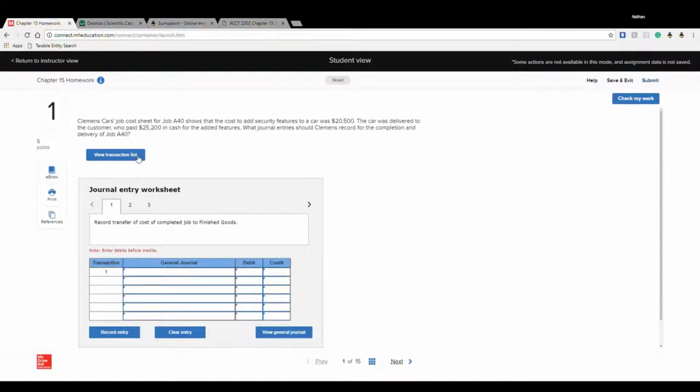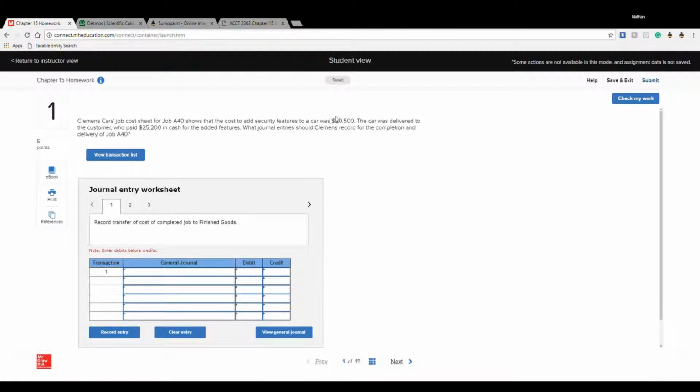Starting off with question number one. Clemens' car job cost sheet for job A40 shows the cost to add security features to the car was $20,500. If you want to, you can print these out, underline, highlight, whatever you need to do, to see what these numbers stand for.